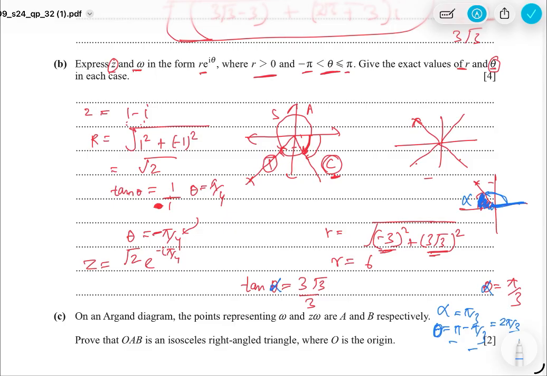We can put alpha over here to avoid confusion as well. So we have theta equals 2 pi by 3. It would be positive because we are working in the anti-clockwise direction. e to the power 2 pi i by 3. This is your answer. So the value of r was 6, and the complex number could be represented as 6 e to the power 2 pi i by 3.